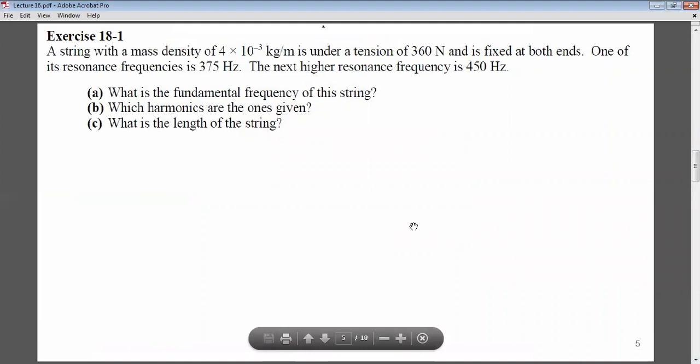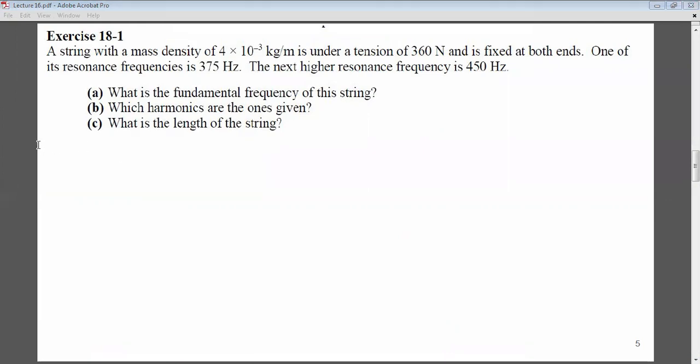Let's do one exercise. This is lecture 16. A string with mass density of 4 times 10 to the power minus 3 kilogram per meter, so I have the mu, 0.004 kilogram per meter, is under tension equal to 360 Newton and is fixed at both ends.